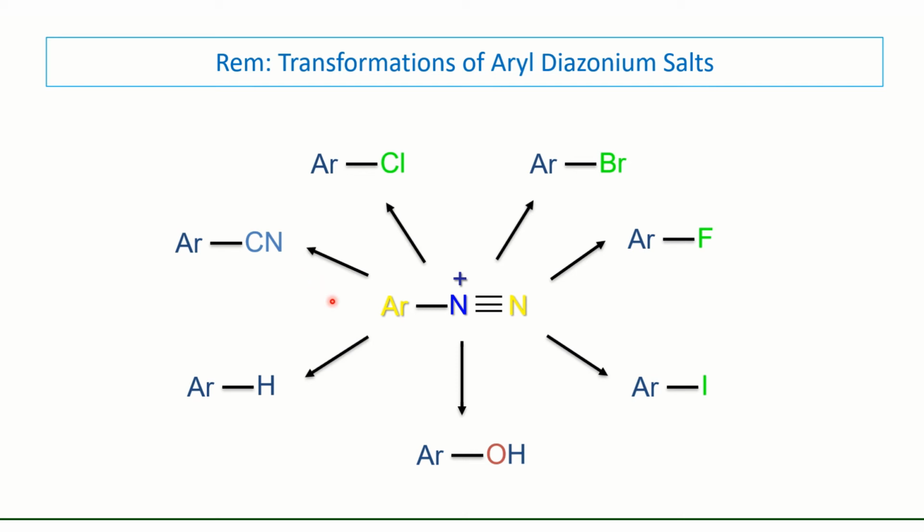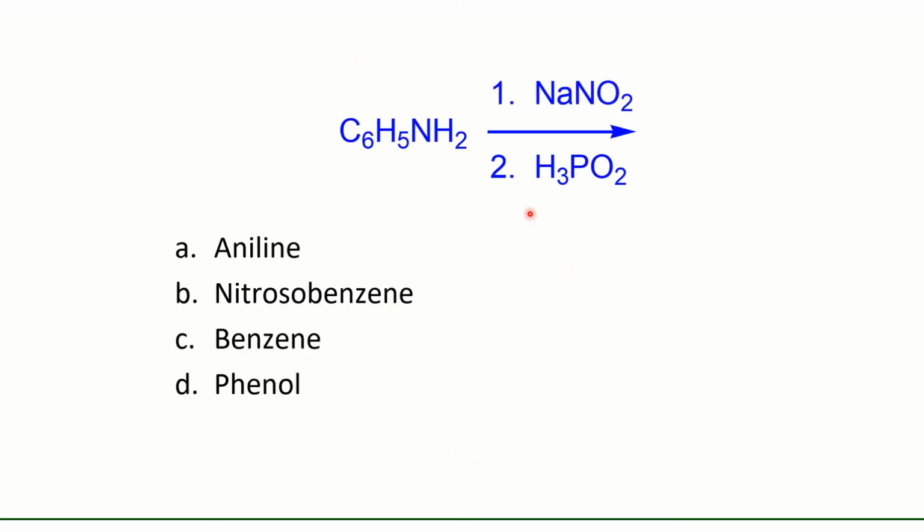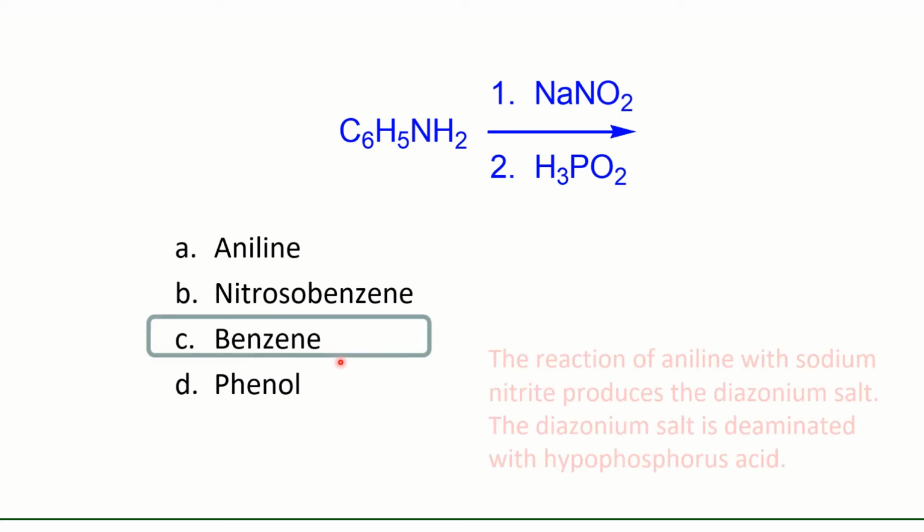Here you can use copper(I) chloride, copper(I) bromide, maybe a bit of water here, copper(I) iodide, some fluoroborate. So for example, here you can see that we have the nitrous, and with this we can then generate the naked benzene.